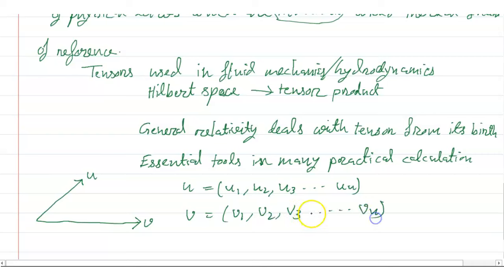So friends, u dot v can be written u1 v1 plus u2 v2 plus u3 v3 plus up to un vn.